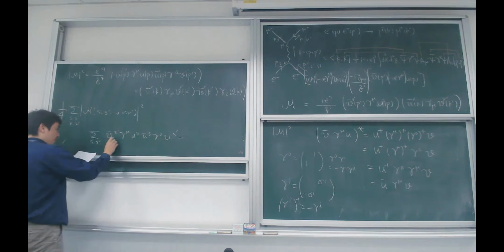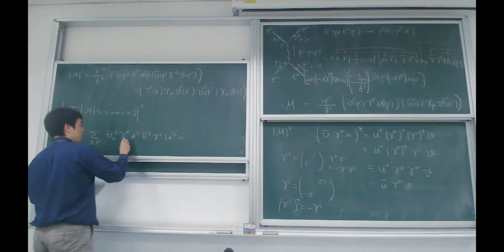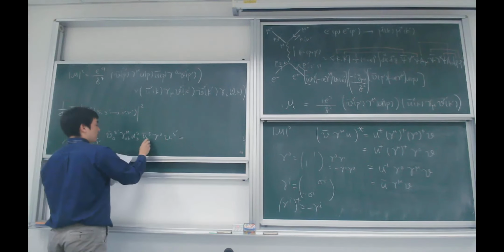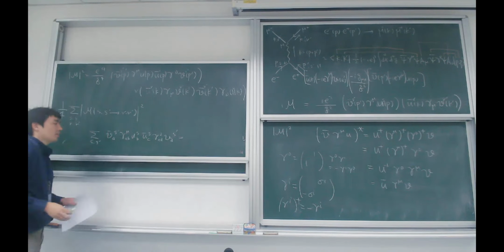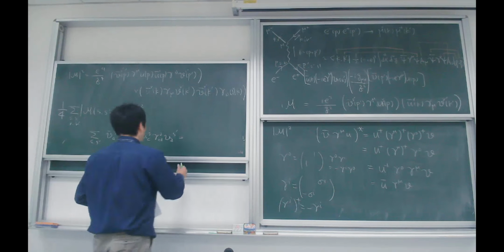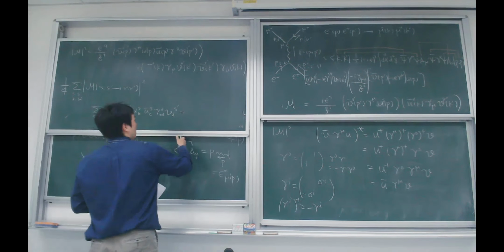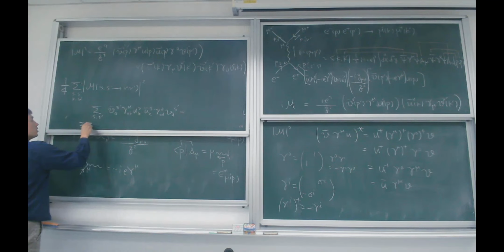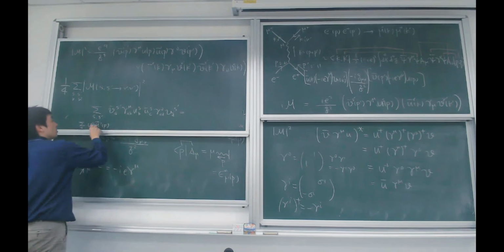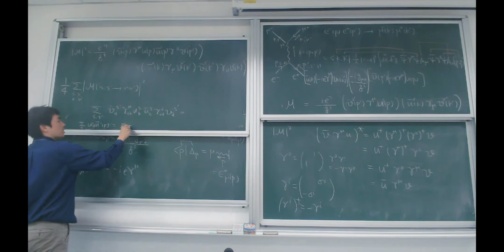So this is a vector A and B, B, C and C, D and D. And we know that this kind of spin bilinear will give you, so we know that the sum over spins of u and u bar gives p slash plus m.